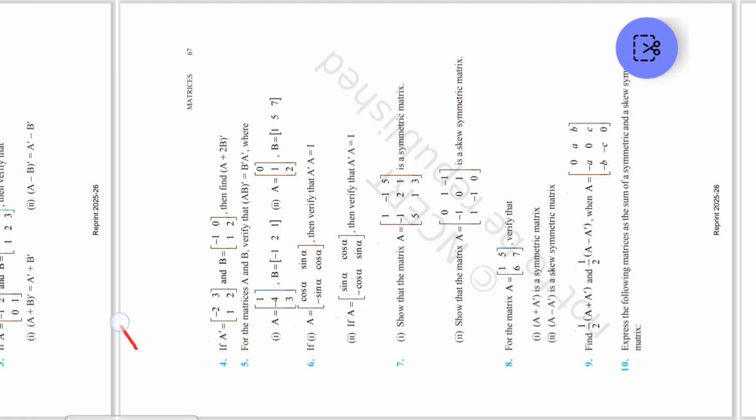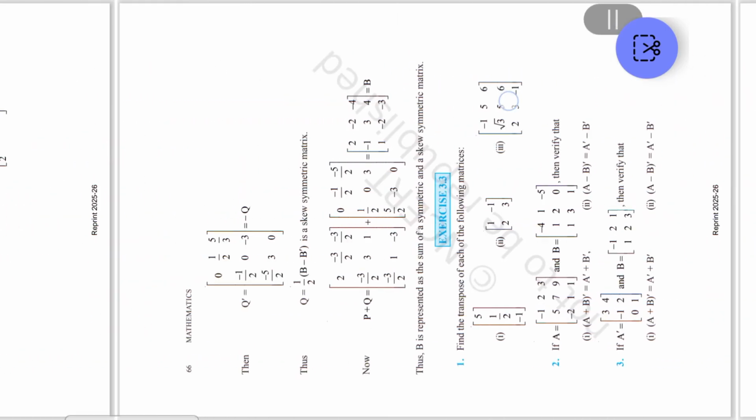For 5 marks questions, in this chapter 2 questions are asked. The first one is the 5th, first and second are important, and the 3rd, first and second questions are important.